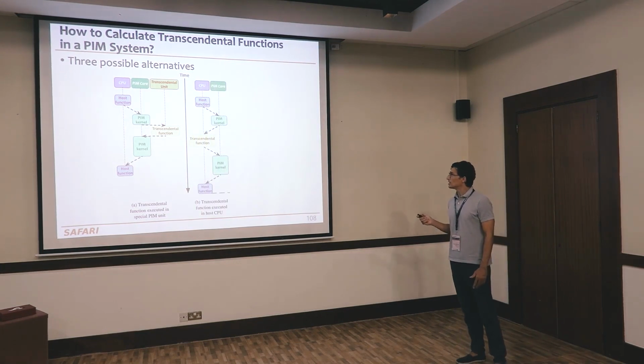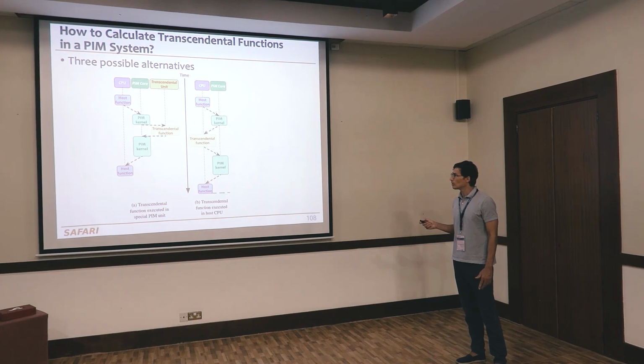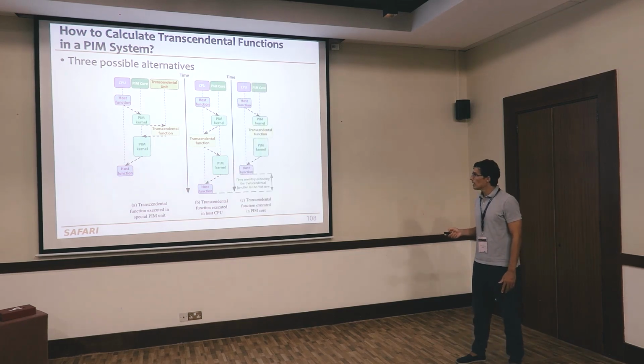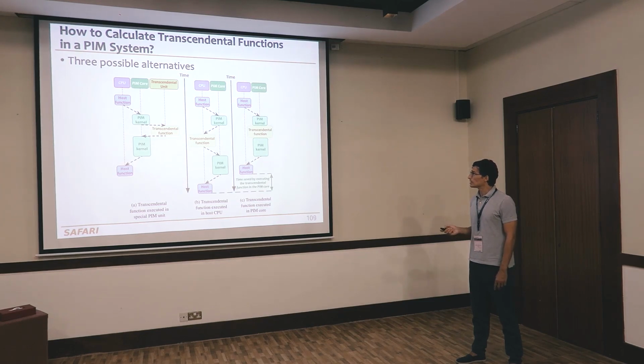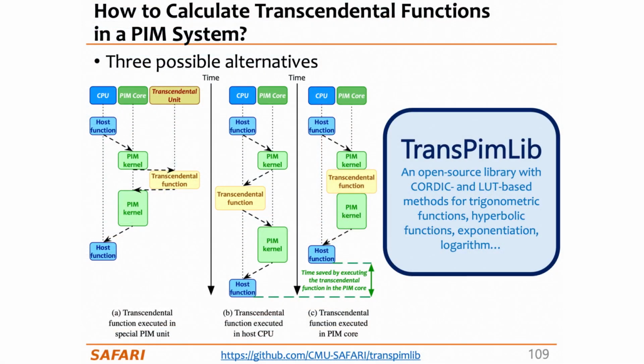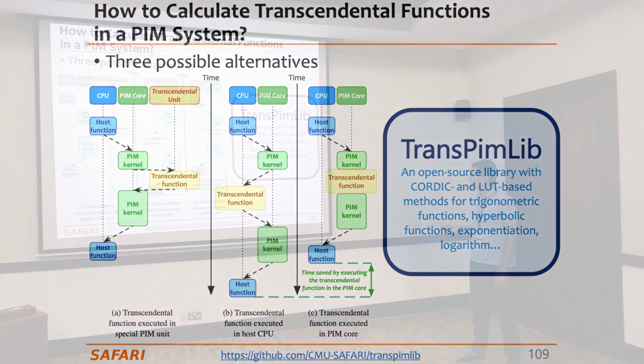What definitely exists is that you can finish or freeze the execution of the PIM kernel on the PIM core, move data back to the CPU, compute on the CPU, and then return control to the PIM core to continue the execution of the PIM kernel. The third alternative, which is what we actually did, is creating a library of transcendental functions called TransPIM. The transcendental function can be calculated using different methods in the PIM core itself.